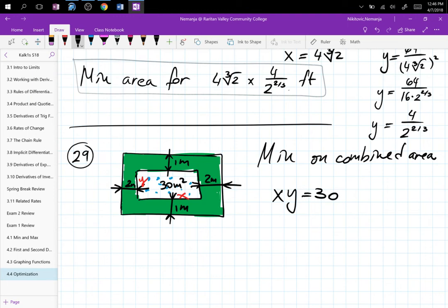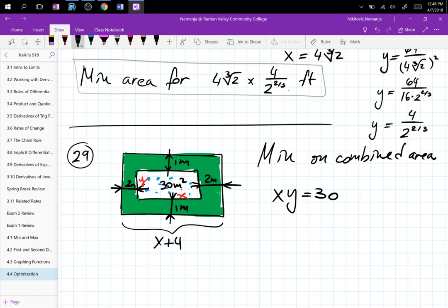And I also want to now write what is the equation for this side if the one inside is x. What's the one on the outside? x plus 4. Because you see that you have to add 2 to each side. You have x in the middle, plus 2 on one side, plus 2 on the other side, is x plus 4 for that side.